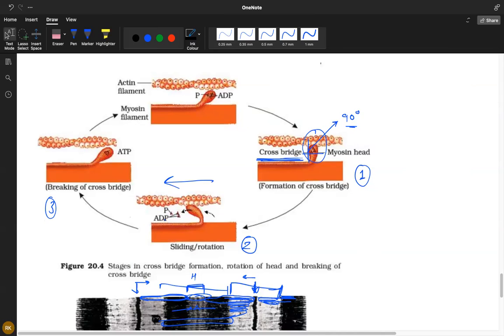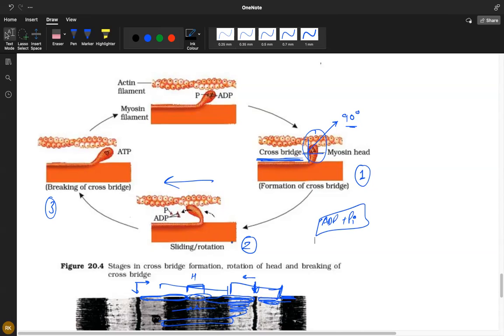The myosin, when the ATP is used up, the energy of ATP is used up here, and you get one ADP and one P. It's called Pi. So in biology we always write it as ADP plus Pi. I means inorganic phosphate. So when ATP is hydrolyzed, it becomes ADP and Pi. When this ADP and Pi is formed, these get released because they cannot stay bound to the myosin heads.